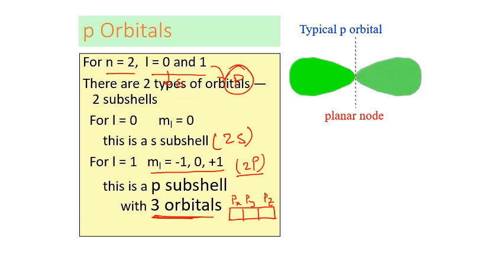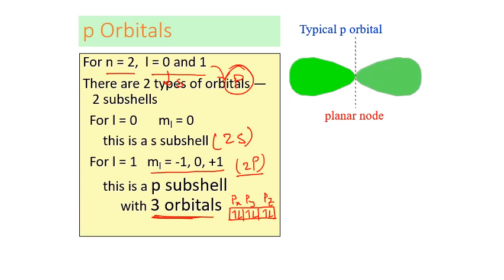Each of these orbital boxes can accommodate 2 electrons. So for p there are 3 orbitals named px, py, pz, and each orbital can have 2 electrons.